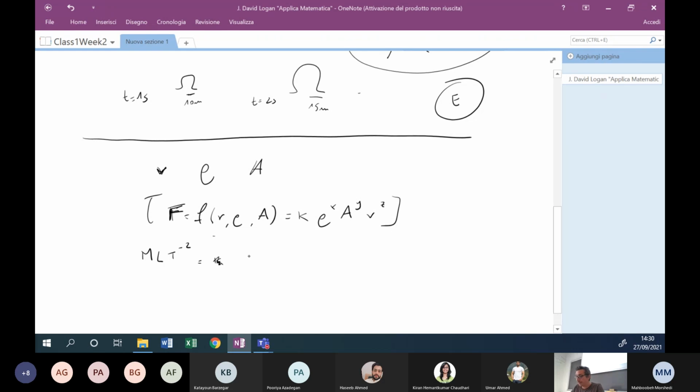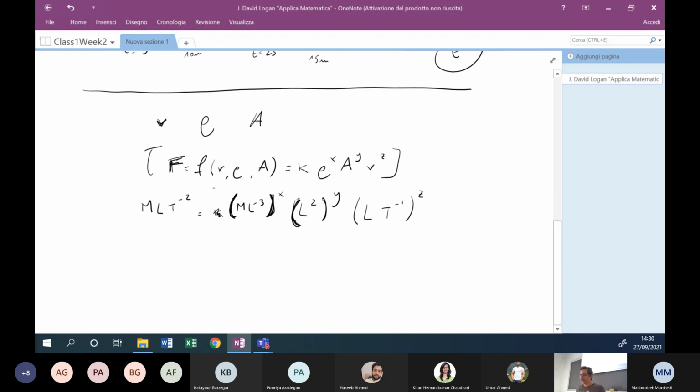K times rho, which is a density, so mass per volume, to the power x. Then I have an area, which is L squared, again to the power y. And finally, I have a velocity, speed, which is going to be L t to the minus 1, to the power z.